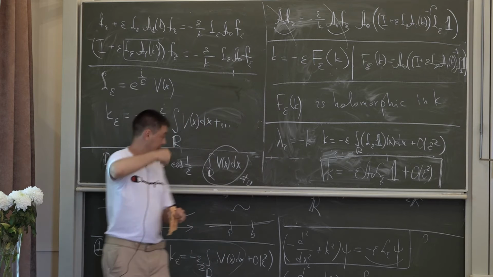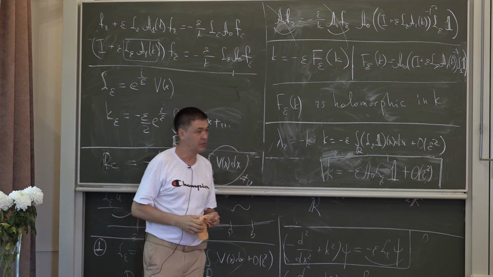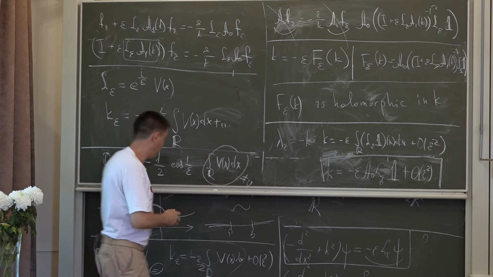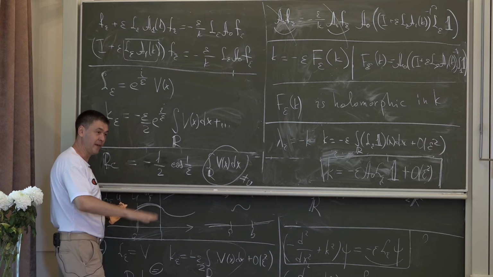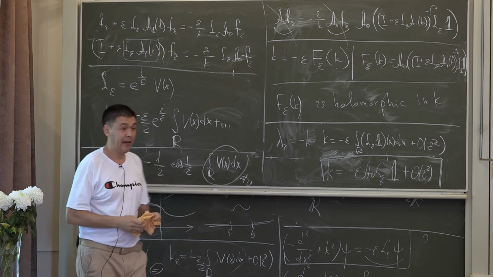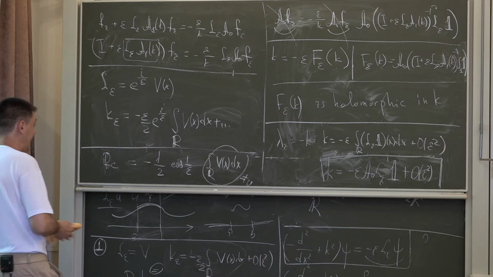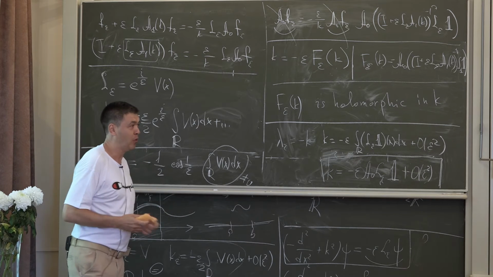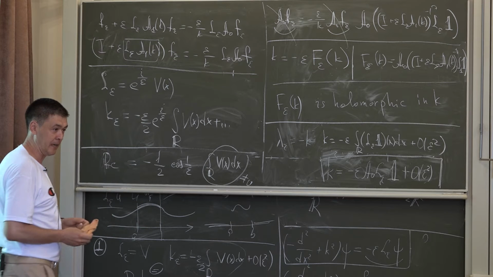The smaller epsilon is, the faster this process goes. So for a very small epsilon, I change the nature of this object very quickly. And this is where, at least this example can explain why non-self-adjoint cases are, in a sense, more interesting or richer than the self-adjoint one.